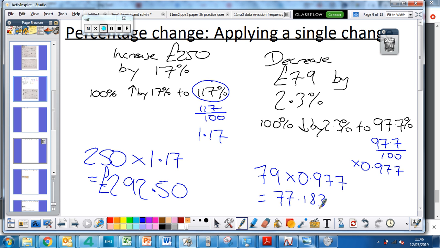Remember, it's money. It has to have the correct units, and it's always to 2 decimal places. So we are talking about £77.18. You check the 3 here to decide whether you round up or down. Of course you round down. So 77.18. That's how you apply a single percentage change, an increase or a decrease, using a multiplier on a calculator paper.